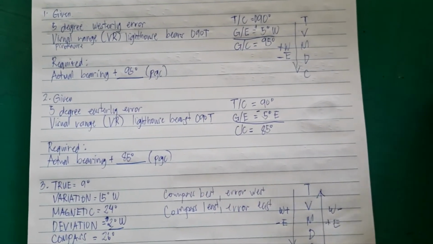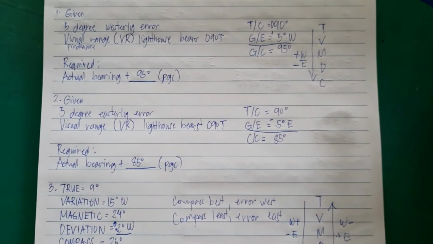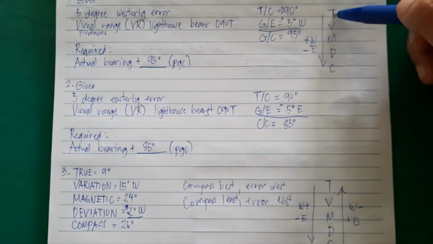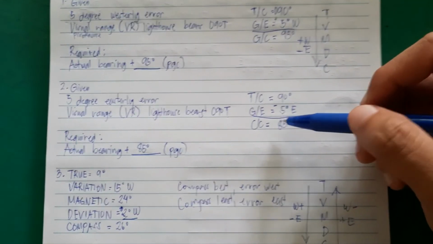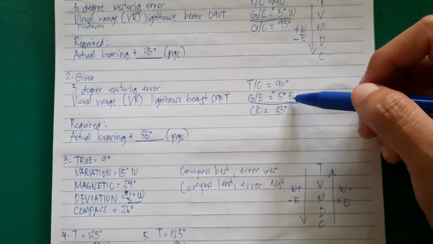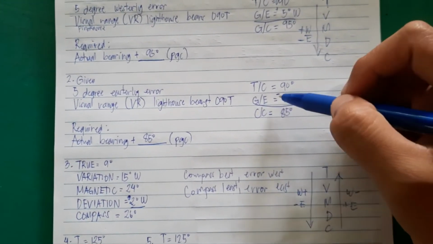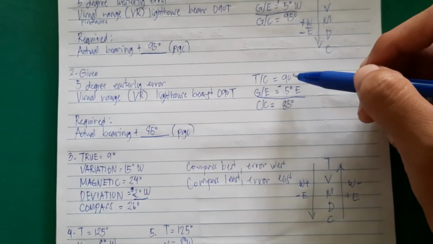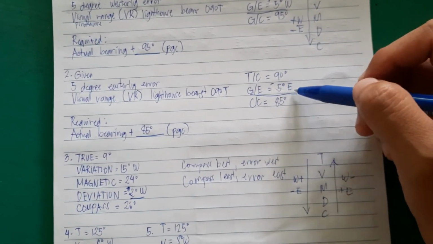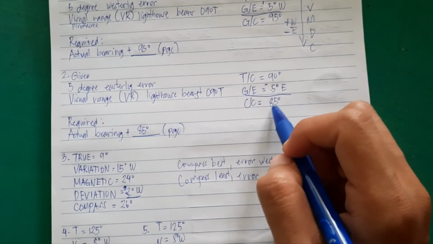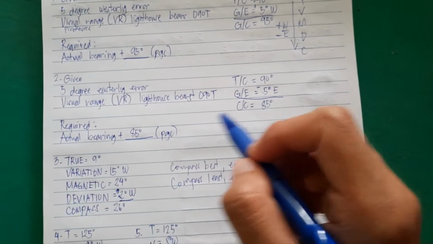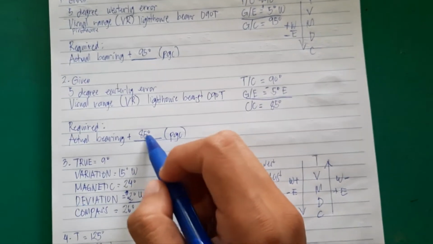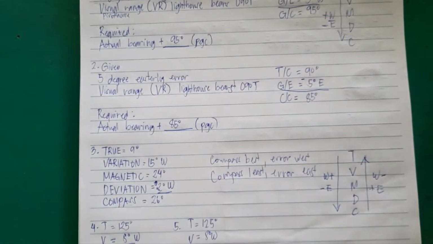The rule applicable for this one is TVMDC. The given gyro error is east, so it's minus, or subtract: 90 degrees minus 5 degrees east, that's 85 degrees. This is our gyro course, 85 degrees.